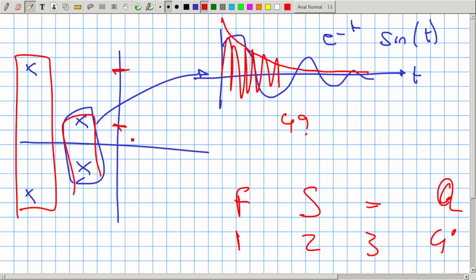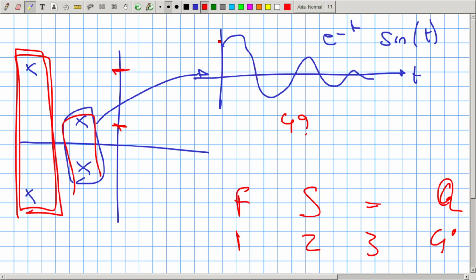The frequency is twice as sine of t. Are we together? This mode is, in a certain sense, something that does like this. This mode, the blue one, is something that does like the blue one.